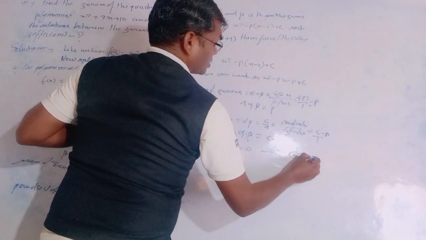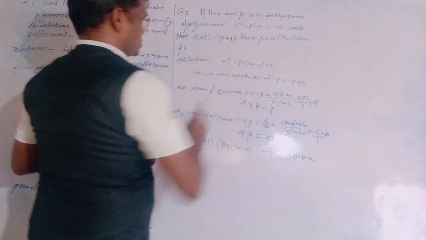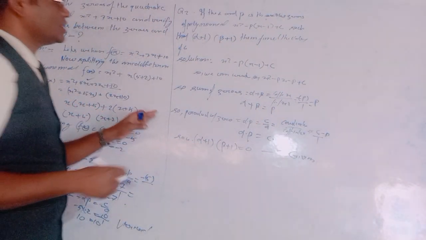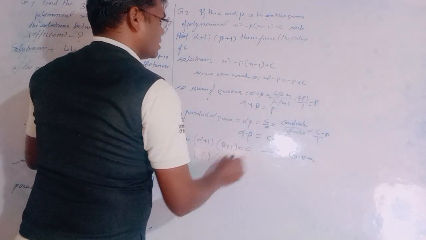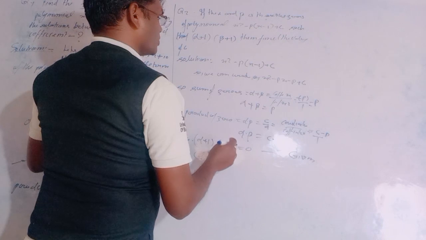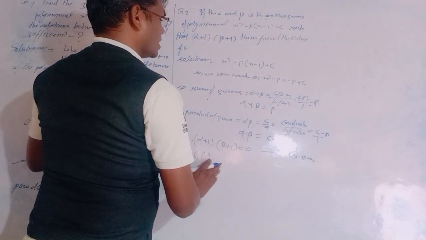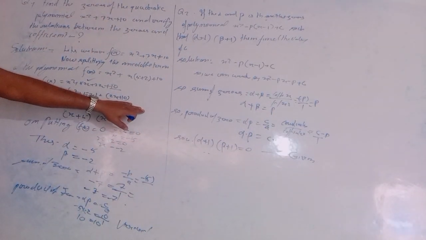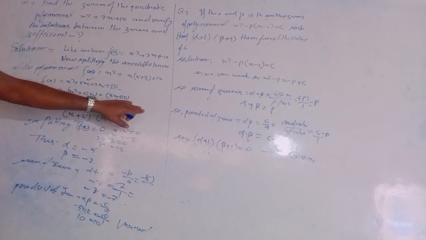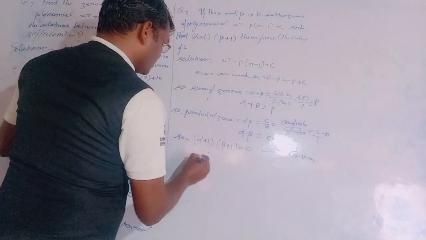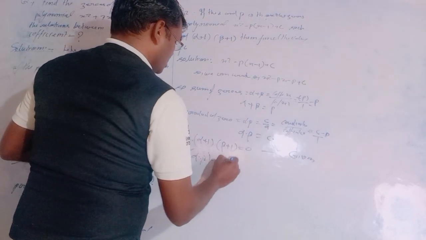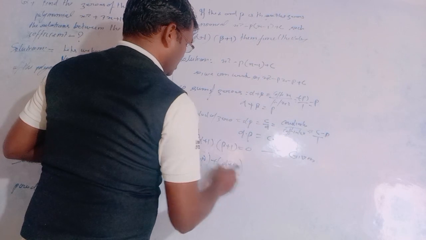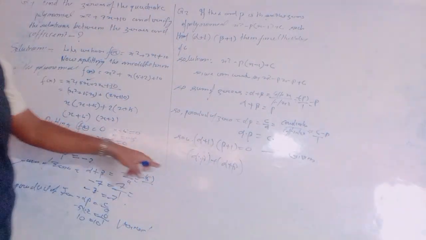So we try to find out: alpha plus 1 times beta plus 1 gives alpha beta plus alpha plus beta. Two things are given here, alpha into beta and alpha plus beta.